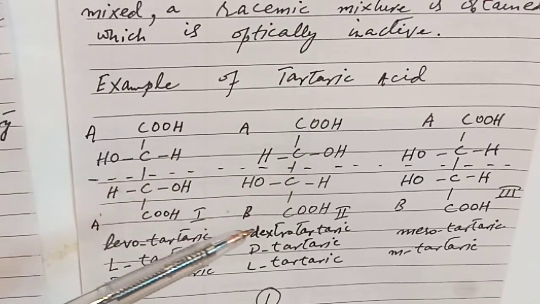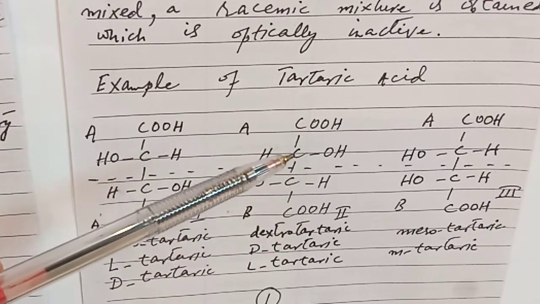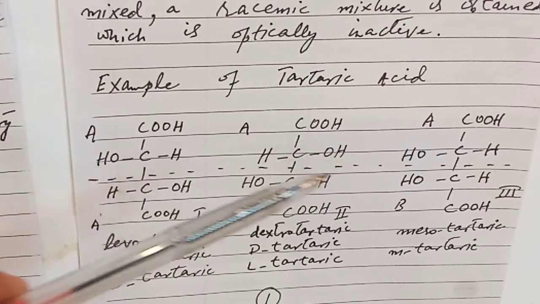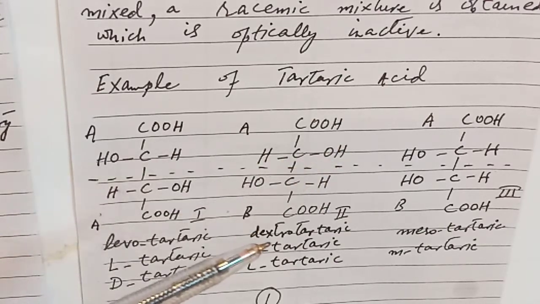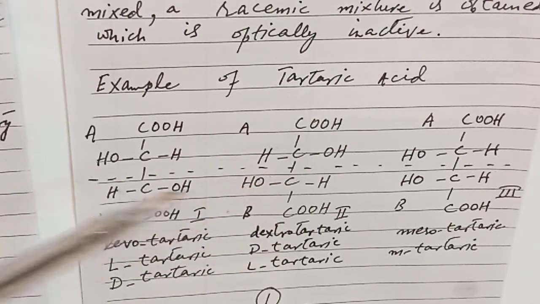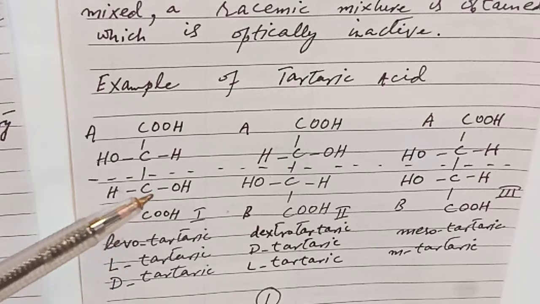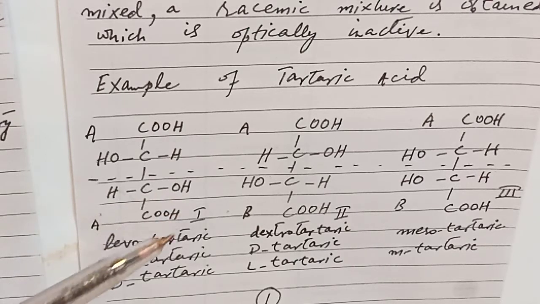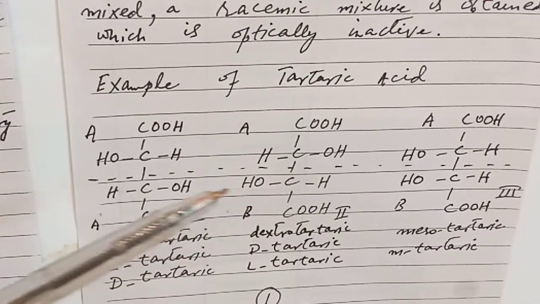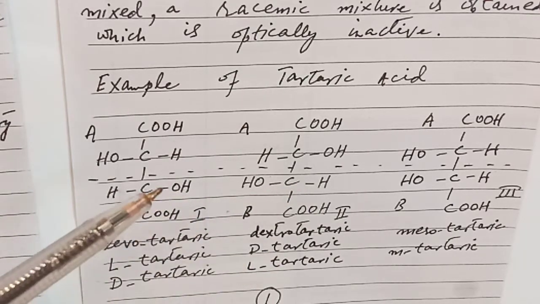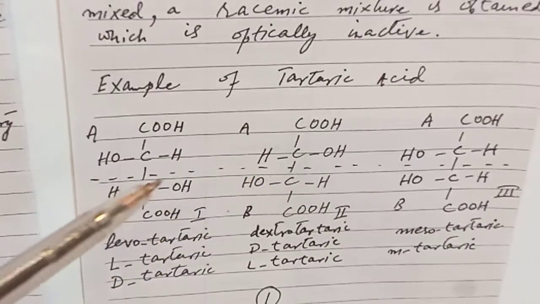Therefore, this is termed dextrorotatory because of the rotation of the plane polarized light in clockwise direction. The location of the OH group on the right side is termed D-tartaric. While on the lower side we observe the location of the alcoholic group on the right side, and in this case the lower side has the OH group on the left side. So both cases are enantiomers to each other.